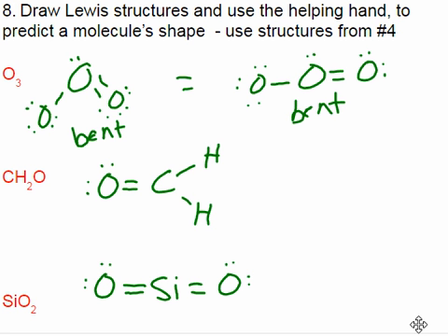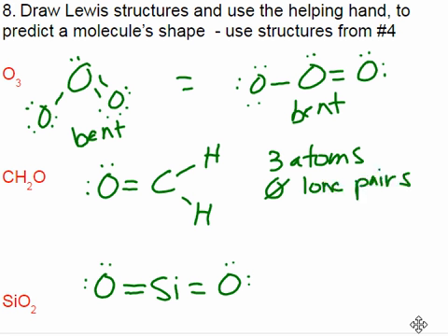My second one, how many atoms are attached to it? So we'd say 3 atoms, and this is always on the center atom. How many lone pairs on the center atom? So if you have 3 atoms that can spread out as far away from each other as possible, how far apart can they get?